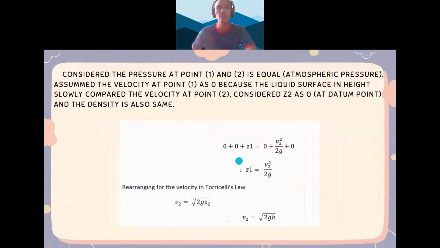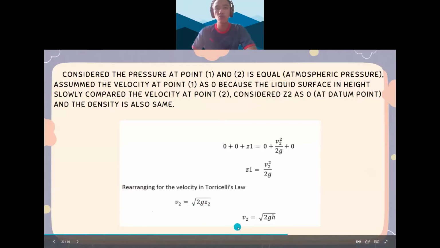So we will get Z1 equals V2 squared over 2g. When we rearrange the equation for velocity in Torricelli's law, we will get V2 equals square root of 2gz, or V2 equals square root of 2gh.